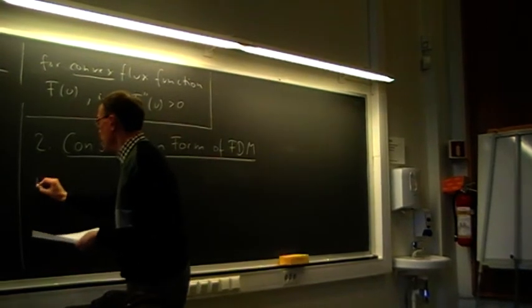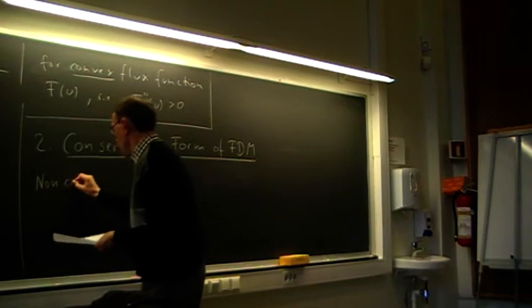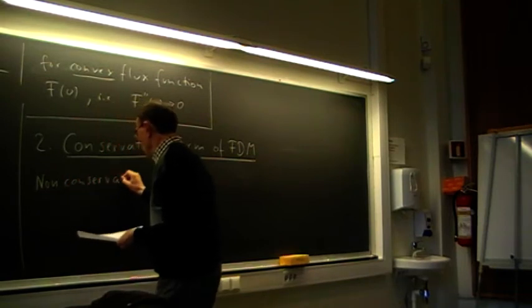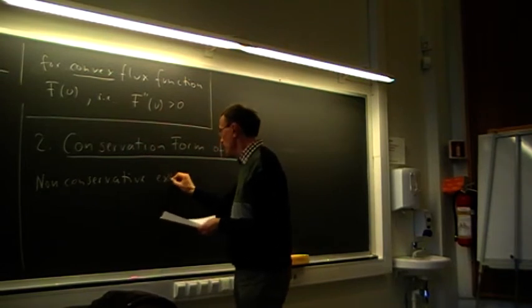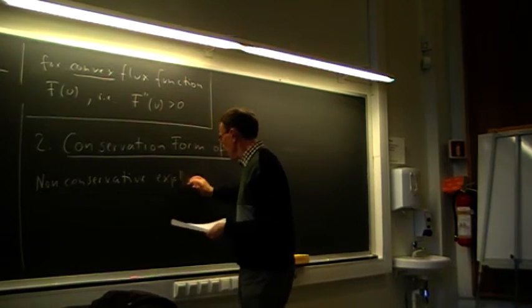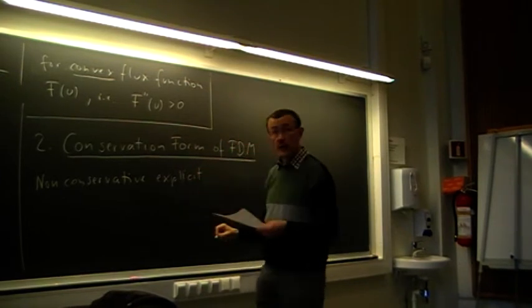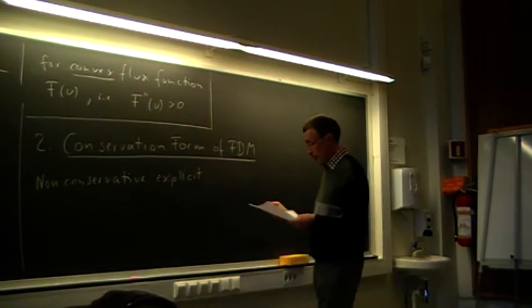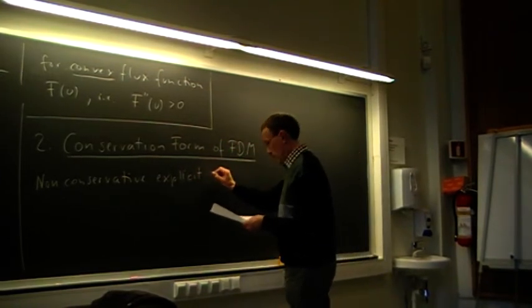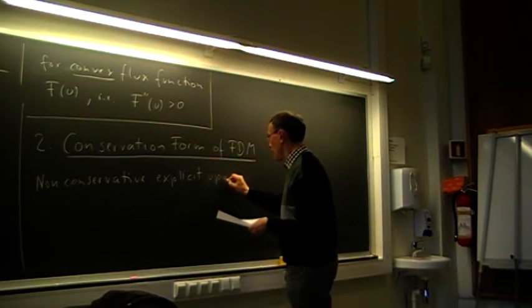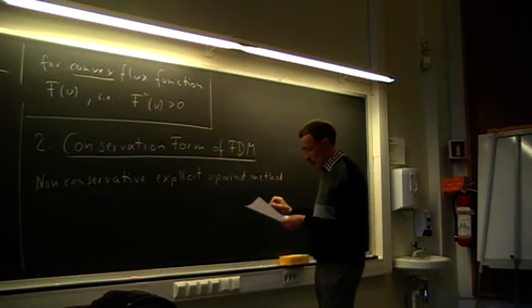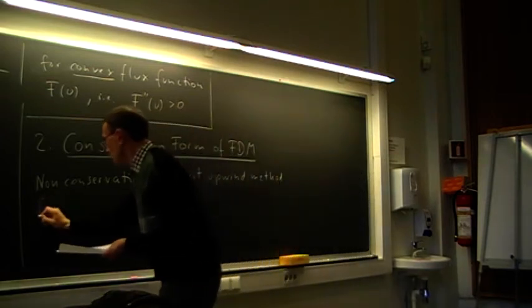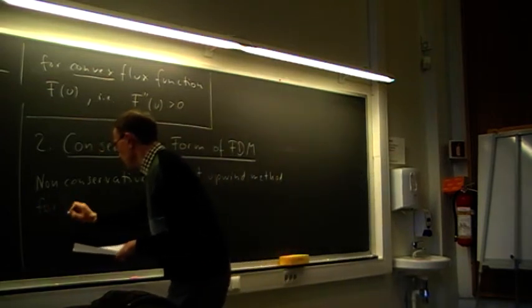Let's first try a non-conservative form. We look at the non-conservative explicit finite volume method. That was the one that Bernhard showed you on Tuesday. And that would then be again for the inviscid Burgers equation.